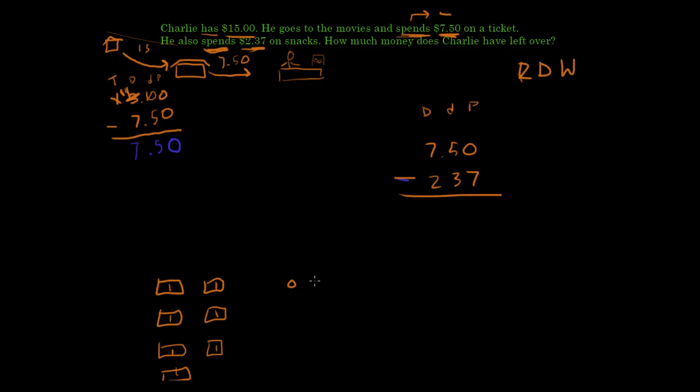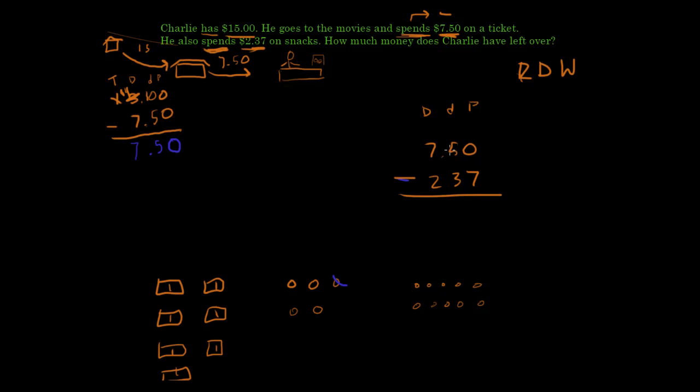And he has 1, 2, 3, 4, and 5 dimes. We need to break up one of those dimes to get some pennies. So we'll cross out one of those dimes and change it to 1, 2, 3, 4, 5, 6, 7, 8, 9, and 10. 10 pennies equal 1 dime.